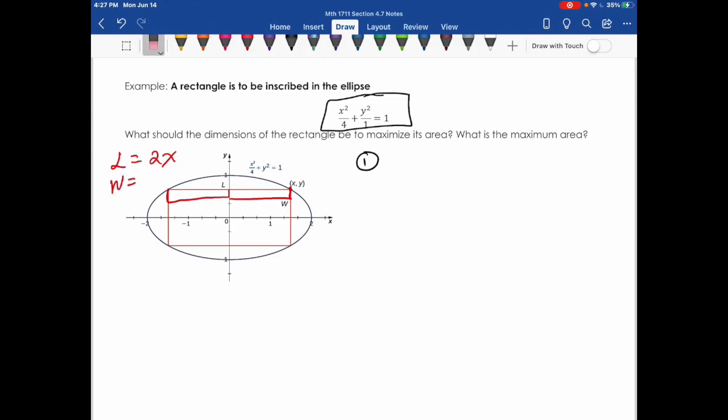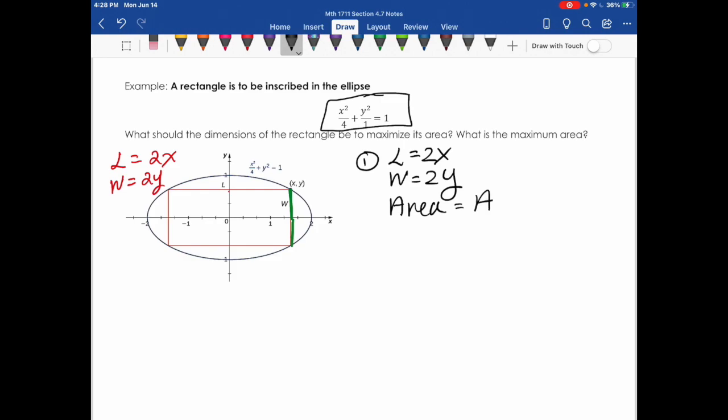Same thing goes for the width. The width is going to be 2 times the value of y. So let's write this down over here for number 1. The length is equal to 2x. The width is 2y.